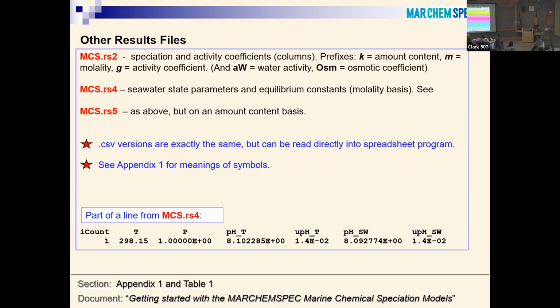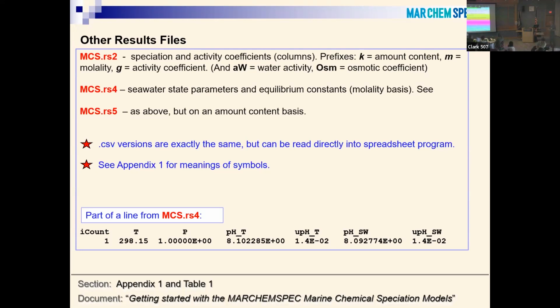MCS.RS4, seawater state parameters and equilibrium constants, molality basis. MCS.RS5, same thing, amount content basis. Comma-separated value versions are exactly the same, but could be read into a spreadsheet program. And all the meanings of the symbols are listed in the appendix for that particular document along the bottom there.